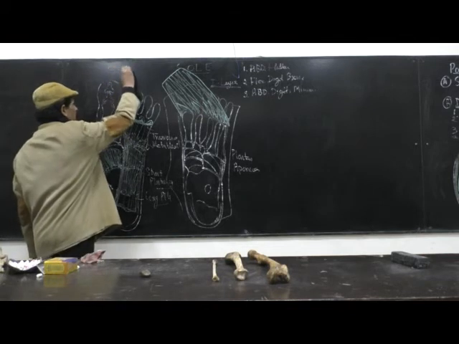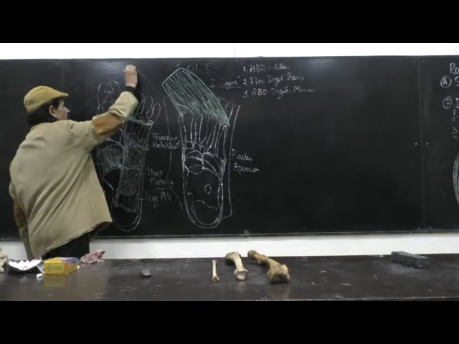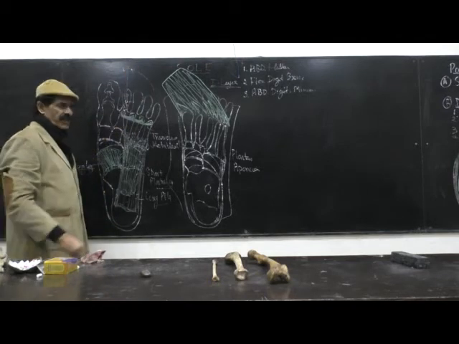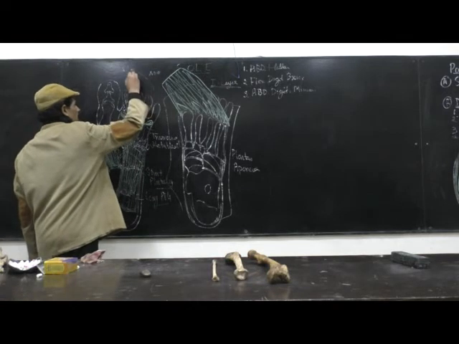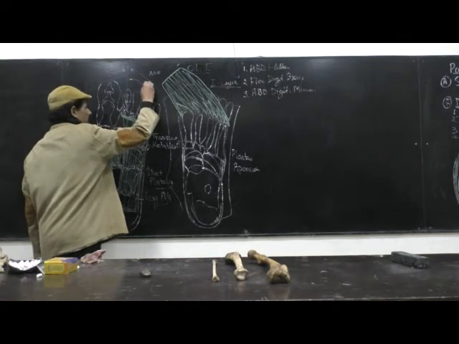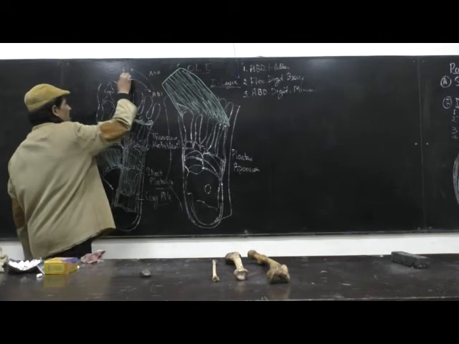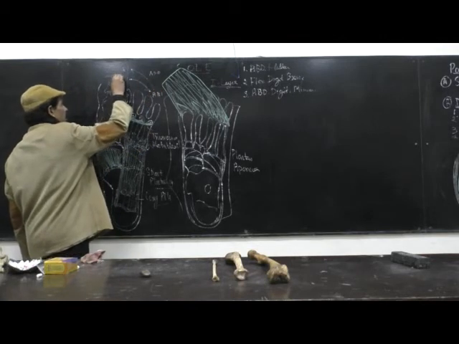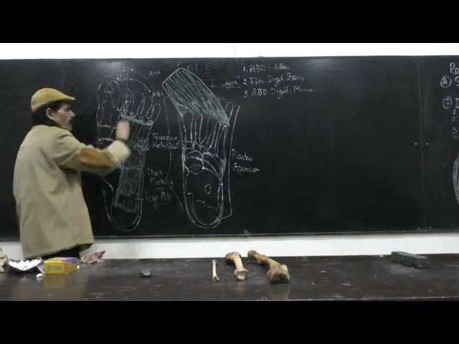Any digit or the great toe, if it is moving towards this first finger, is called adduction. And if it is going away from the first finger, this is called abduction movement, whether great toe or other fingers. So this is how to remember. We take the first finger.